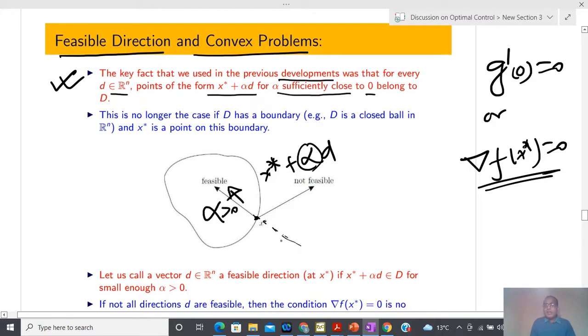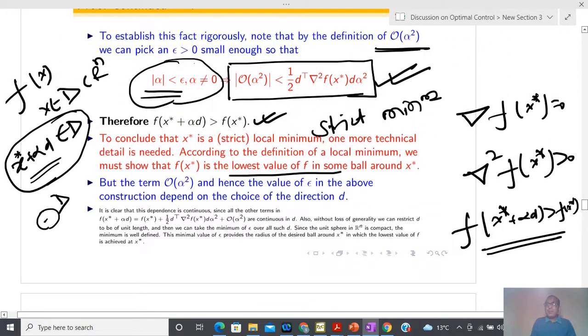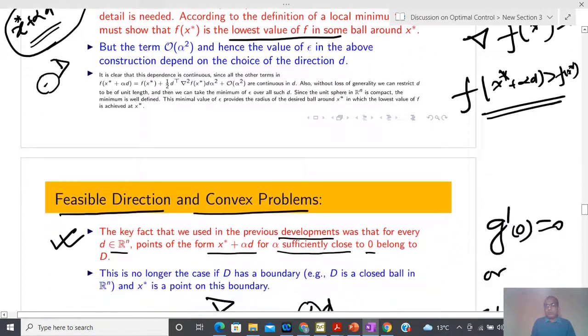But if I move in the negative direction, then I will leave that region D. This is some kind of region D. So if we are at a boundary point, then even if these two conditions are satisfied, I cannot guarantee that there is some kind of minima or not.